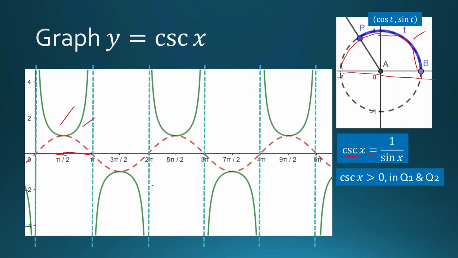How about this next part of the graph? Well, in the interval from pi to 2 pi, the sine function is negative. The second coordinate of our terminal point is negative, and so cosecant of x is also going to be negative. And so that explains why this part of the graph is below the horizontal axis.